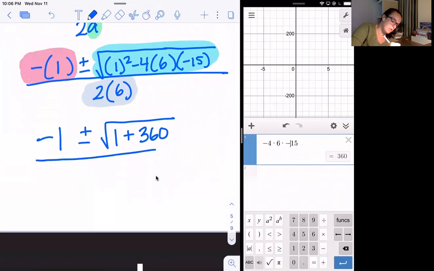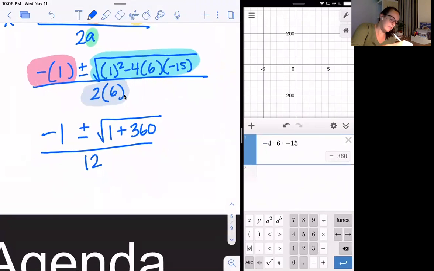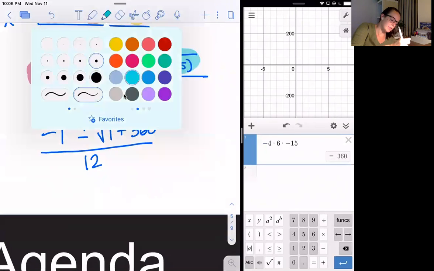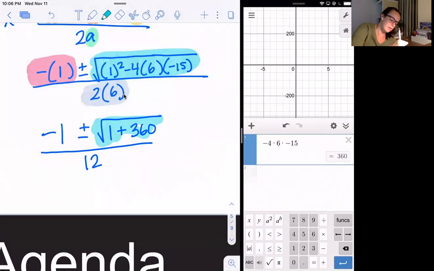Right? I know that that is going to be divided by the bottom zone here, 2 times 6. I know it's 12, so I'm going to put a 12 here. All right, so I need to continue to work on my blue zone, my square root zone. So I have the square root of 1 plus 360.